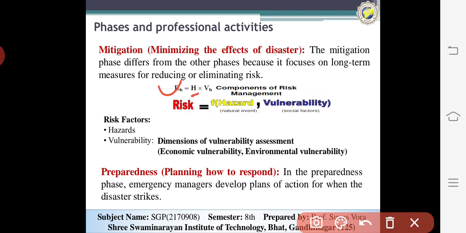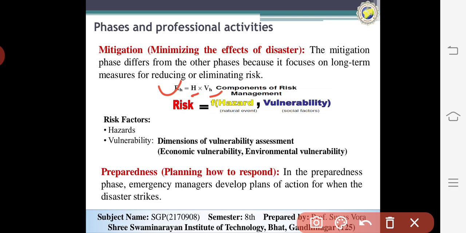Here they represent H and VH. The equation gives the disaster times the population, which is the vulnerability to the disaster, the product of risk.